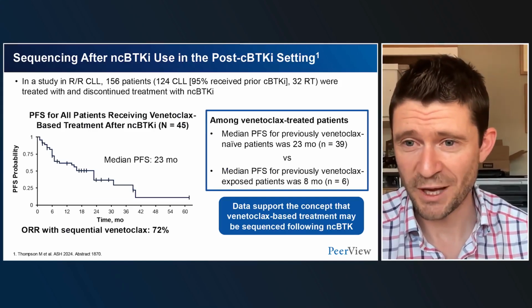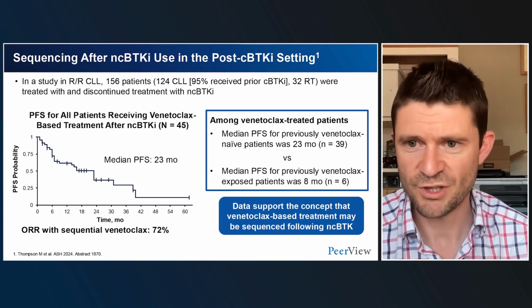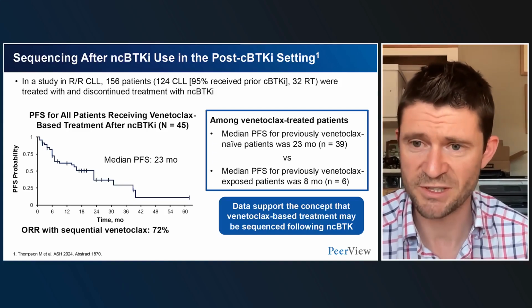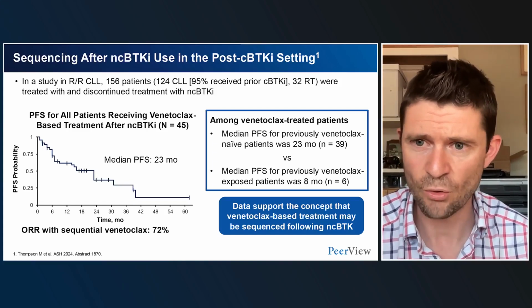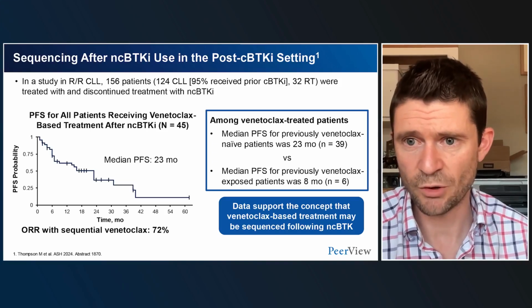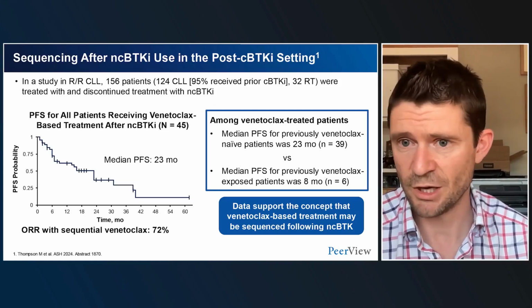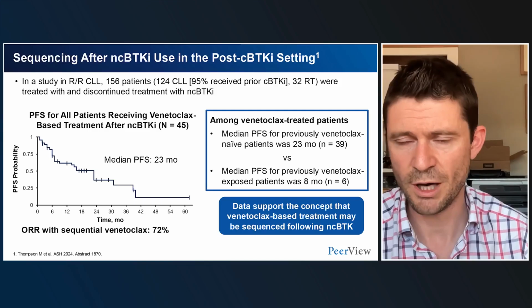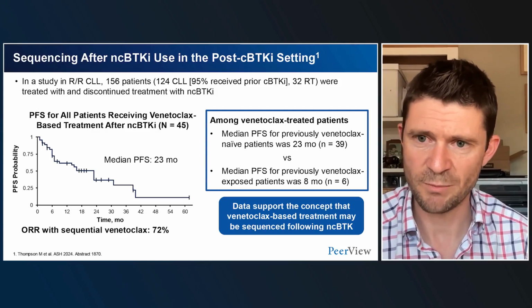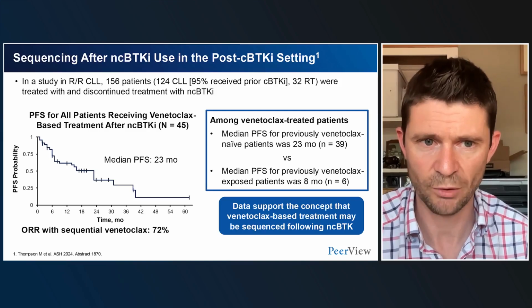Now, of course, the more options we have, the more complex things get in the relapsed refractory setting. We now have the option of BCL2 inhibitors, non-covalent BTK inhibitors, and covalent BTK inhibitors as 3 core modalities of choice. Most of the clinical studies of non-covalent BTK inhibitors have treated patients with prior venetoclax-based therapy, but certainly by no means all. And so the question also arises of how patients who are venetoclax naive do after they progress through a covalent and non-covalent BTK inhibitor and then receive venetoclax-based therapy following this.